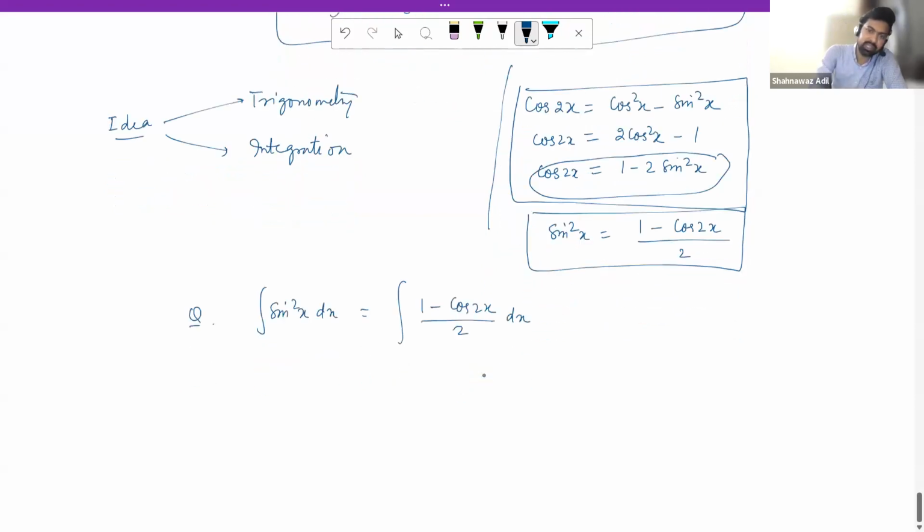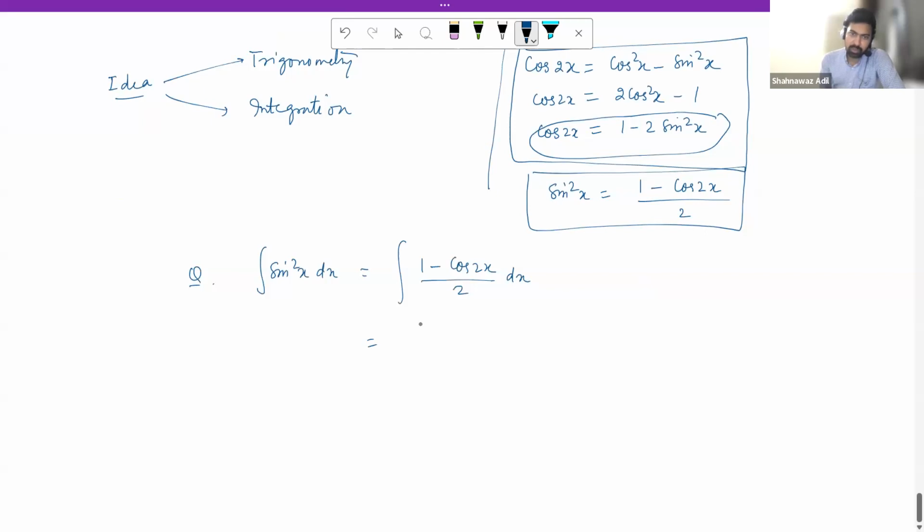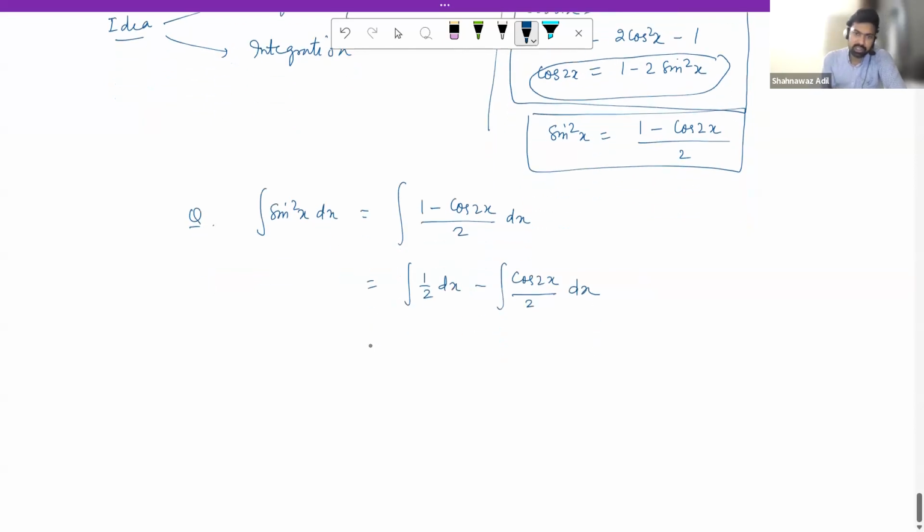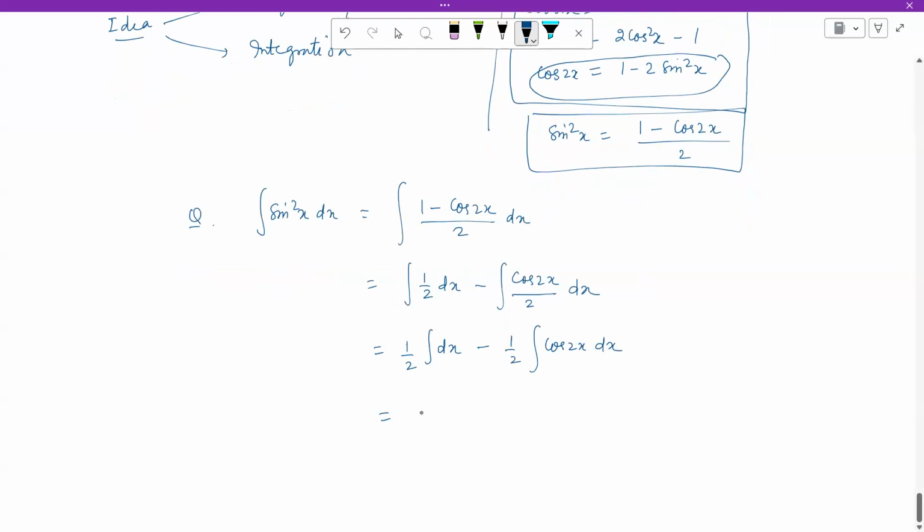Now cos 2x I can integrate, right? So using the rules, half is taken outside, integration of dx, and half is taken outside, integration of cos 2x dx. Integration of dx is how much? x. So this is x by 2 minus half, and then cos 2x.